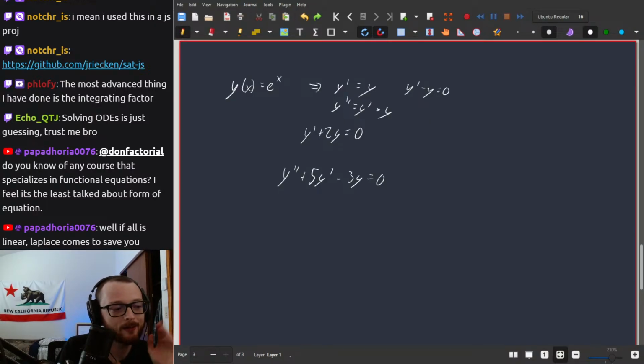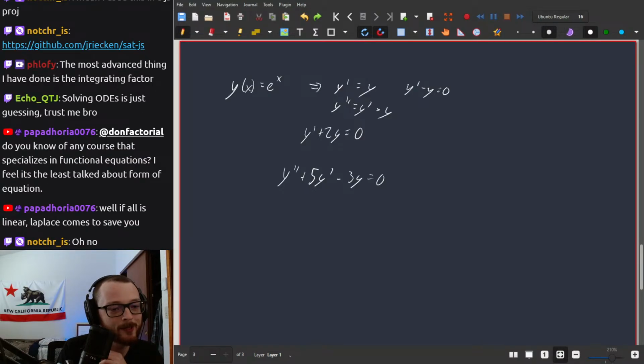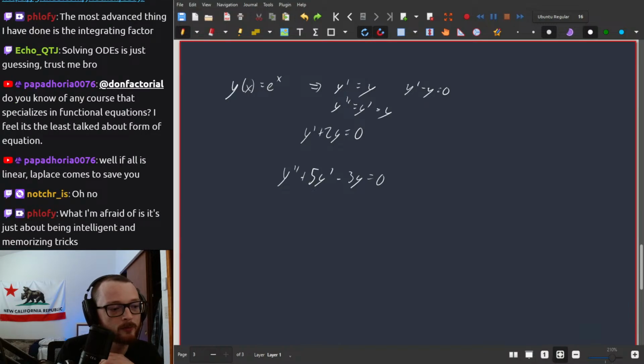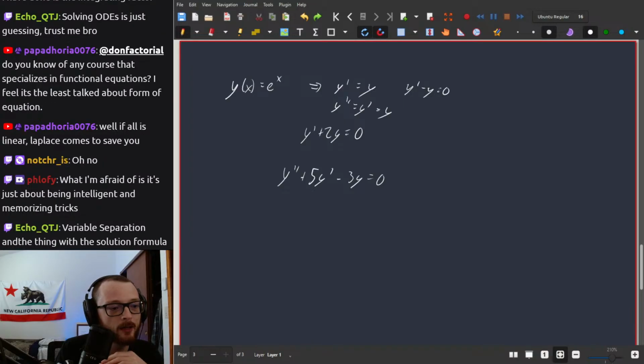Aside from that, there isn't much of a general way to solve differential equations. I'm ignoring Laplace and Fourier transforms, which are the closest thing to a general technique we have, but they don't work in every situation. Or they don't always give you things that are easy to work with either.